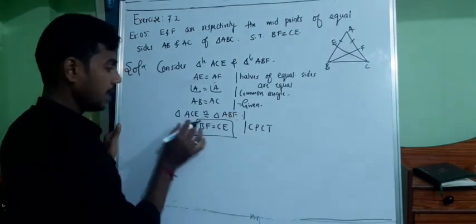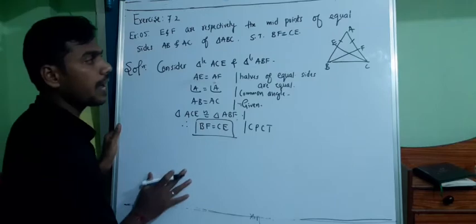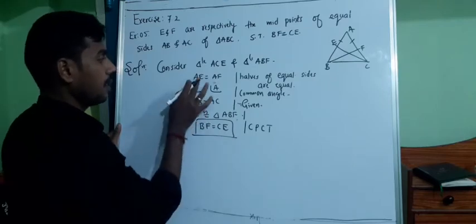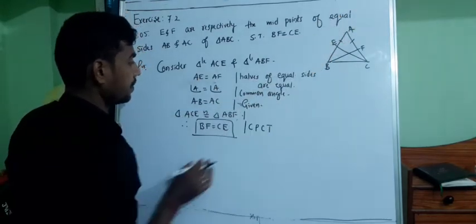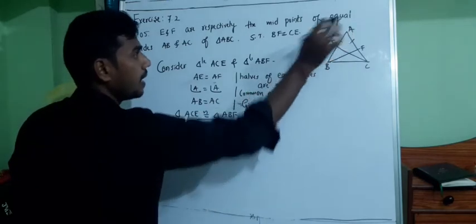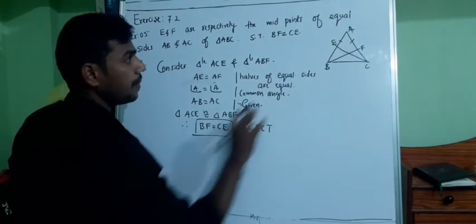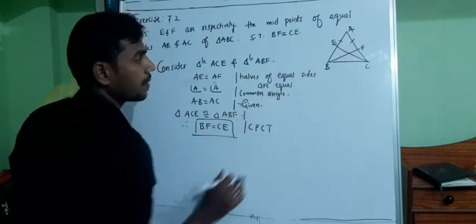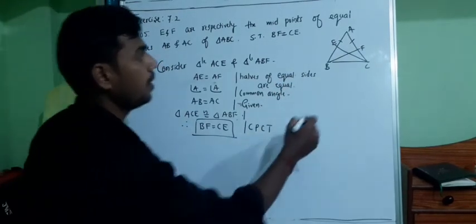So why is triangle ACE congruent to triangle ABF? See, where is AE? AE is here. Where is angle A? Angle A is here. Where is AB? AB is here. Okay, so I'll draw the triangles if you want.